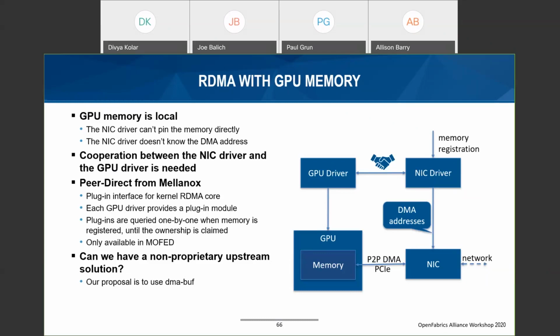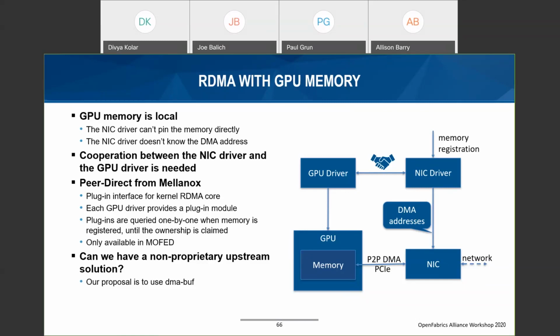When the GPU plug-in detects the memory is owned by itself, it will respond and associate itself with that memory, and the RDMA core will then use the GPU-specific functions to pin the memory and do the address translation.